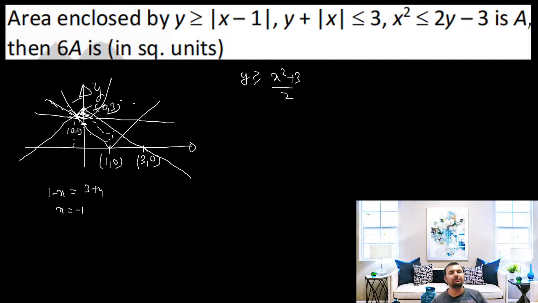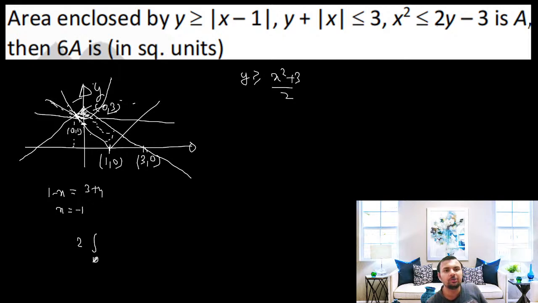So it is nothing but integration. These both sides are symmetrical, so we'll do 2 times, and the point of intersection is nothing but 1. Their point of intersection is 1. At 1 it is 2.